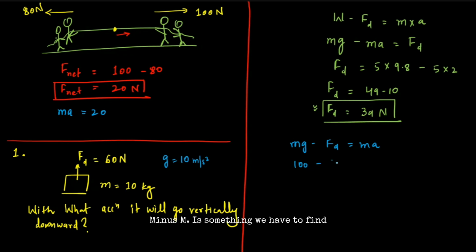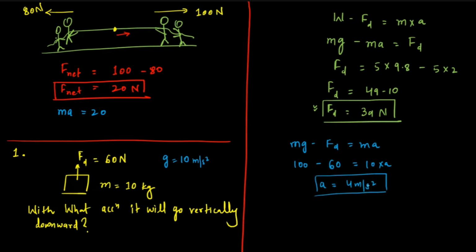Minus ma is something we have to find. Fd is already given as 60 newtons, so it is going to be 10 times a. So a will come out as 4 meters per second square. What was your answer? Oh, mine was 3.8. Yeah, that's because I used 9.8. Okay, 38 by 10, that is 3.8. Yeah, correct.